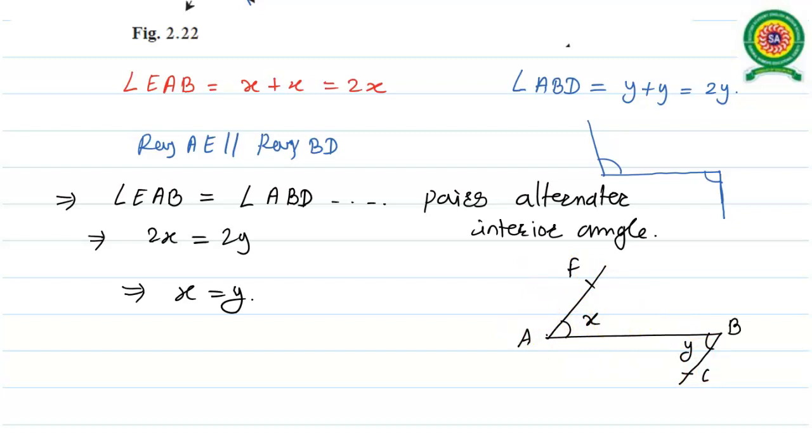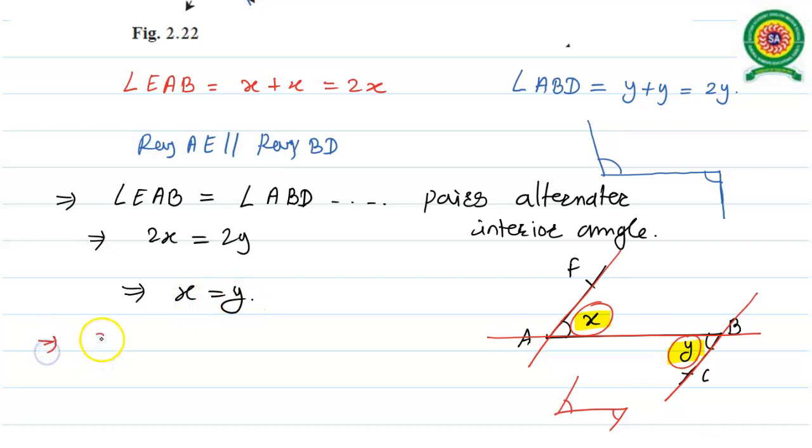Since angle X equals angle Y, we have two lines and a transversal, so a pair of alternate angles is formed. Those are formed in the rotation of Z, keep in mind the Z-like symbol. So a pair of alternate angles is formed, and already we are given that they are equal in measure.